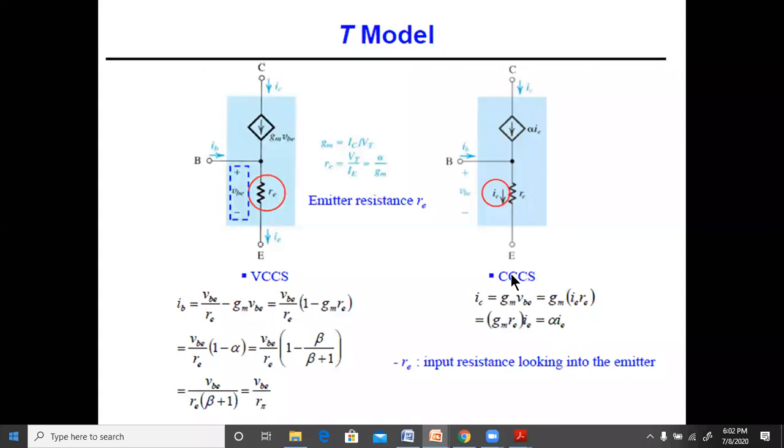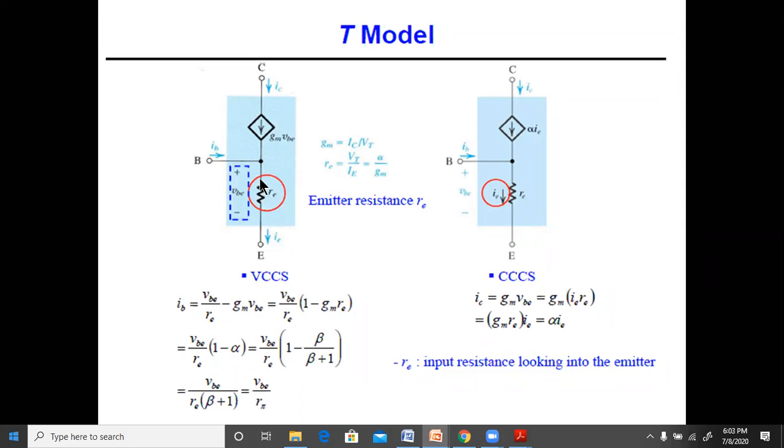So again, we can try to derive the relationship, that is, IB plus IC will be equal to IE. This IB flows here, IC flows here, both get added, and then that becomes IE. So IC plus IB is equal to IE means IB will be equal to IE minus IC.